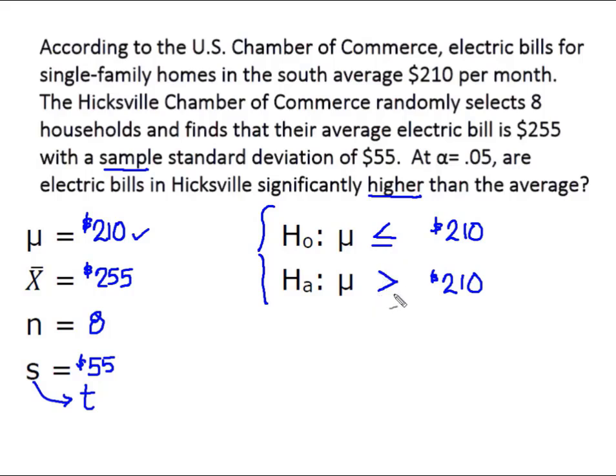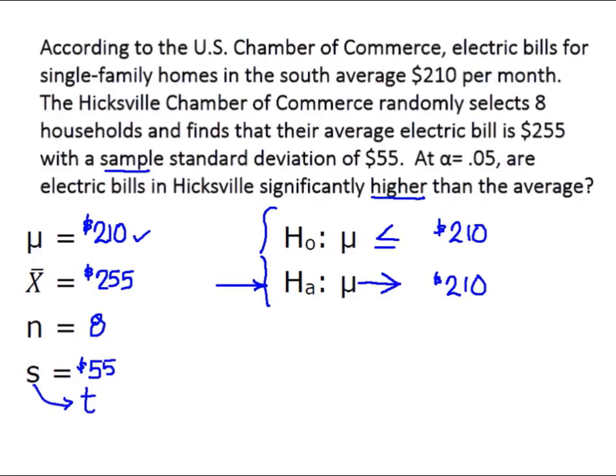I also knew that my greater than had to go here because there is never any version of the equal to sign in the alternative hypothesis. I also know from my HA, because of this greater than sign, that this looks like an arrow, and if I was using a critical value approach, I'd run a one-tailed right test.